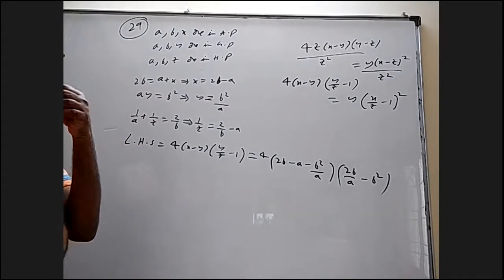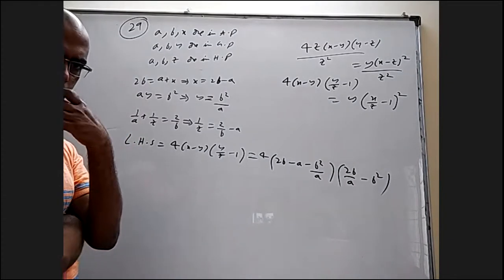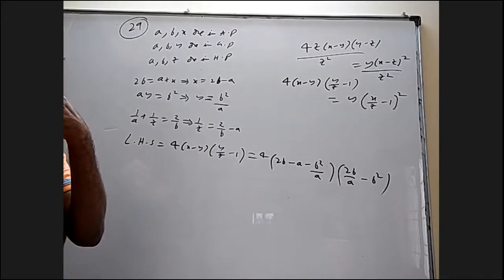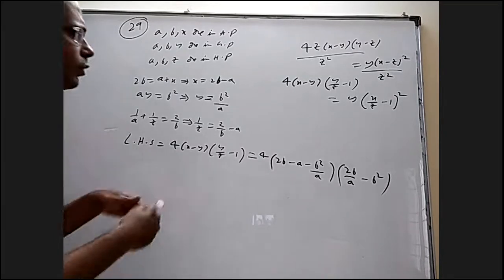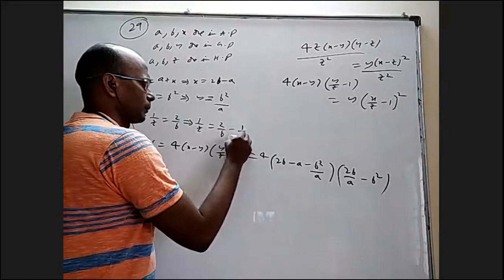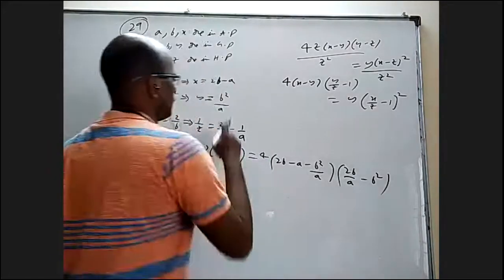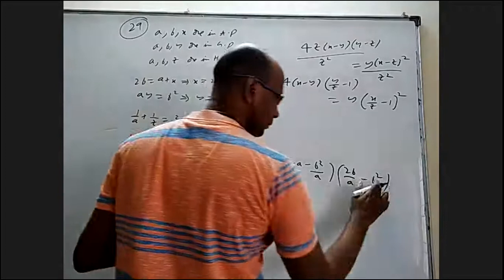Sir, 1 by z equal to 2 by b minus 1 by a. Oh, thank you. So when I multiply this, it is b square by a square.